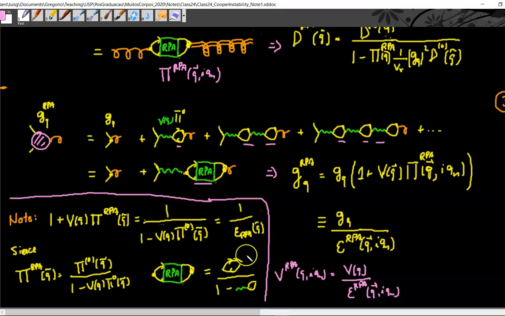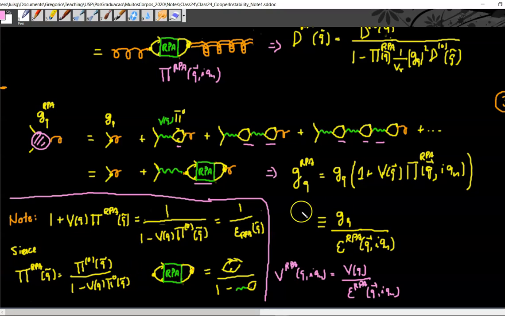In other words, the renormalized vertex is just the bare Coulomb potential divided by this dielectric constant in the RPA approximation, which is 1 over this.